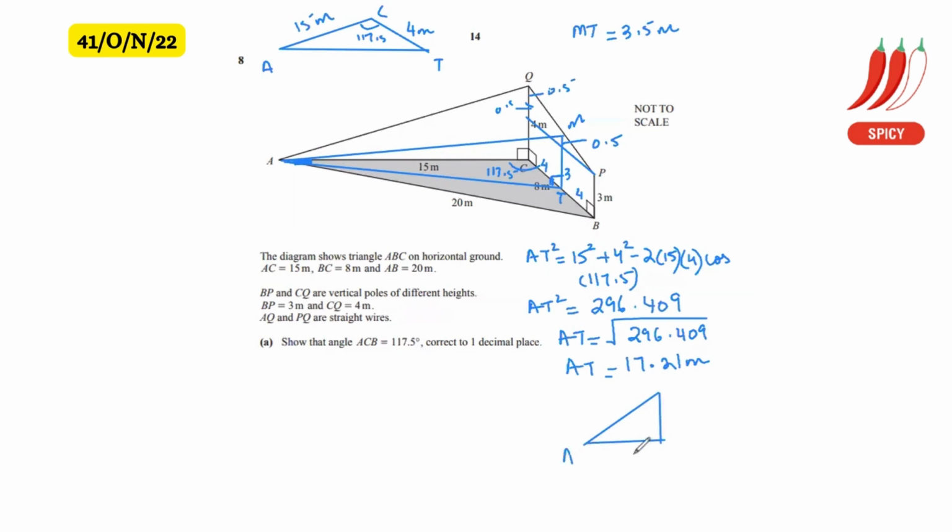So that's A, that is T, and that is M. MT is 3.5 meters, AT is 17.21 meters, and this is the angle that we're trying to find. So tan inverse of 3.5 divided by 17.21 equals theta, and that gives us 11.5 degrees. That is your angle that this wire makes with the horizontal ground.